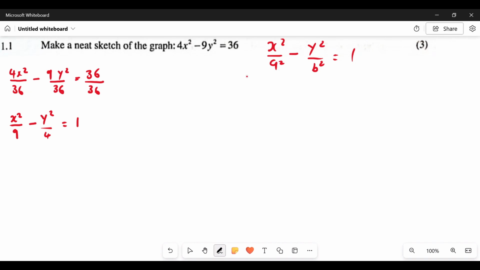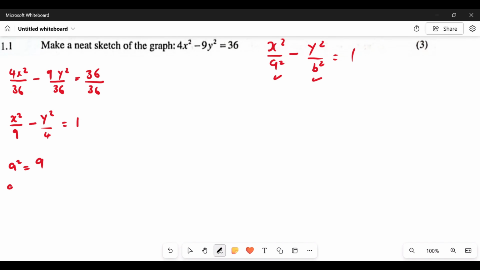Now it's time for us to find our a and b. Remember, these values here are the values where our graph intercepts. Our a is the value where our graph intercepts at x. So let's find our a. Remember that a squared is equaling to 9.